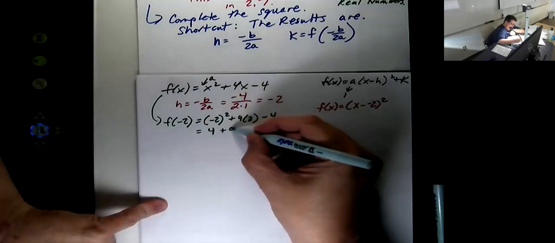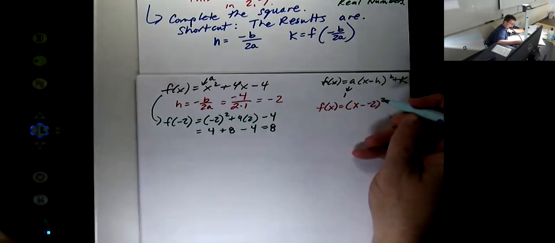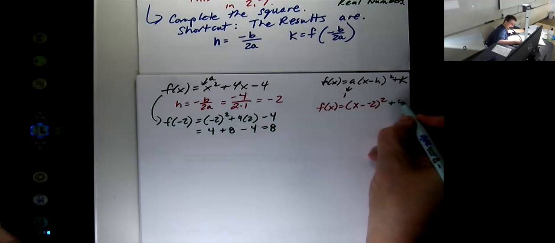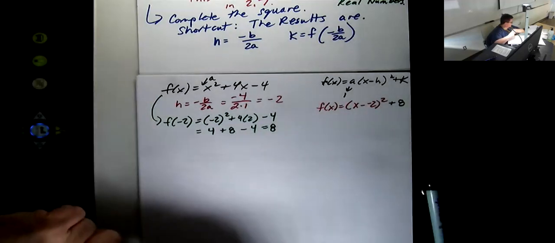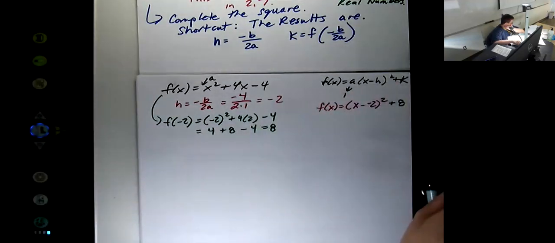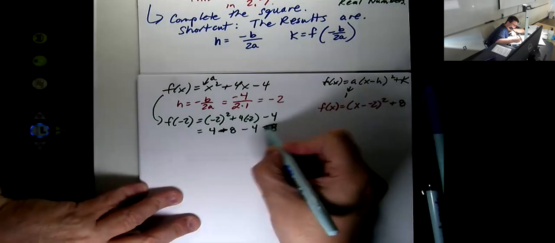Four minus 8 minus 4 is negative 8. The sign's off, that's a negative 2. That makes that a minus. This is a minus 8.